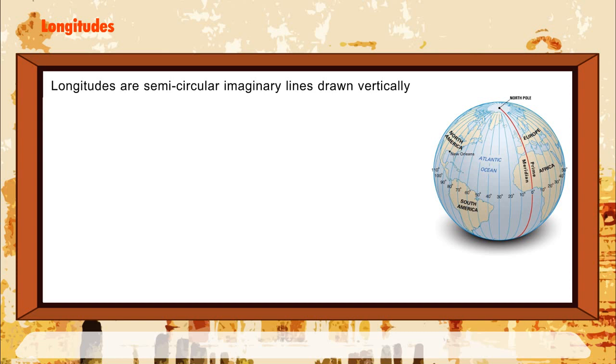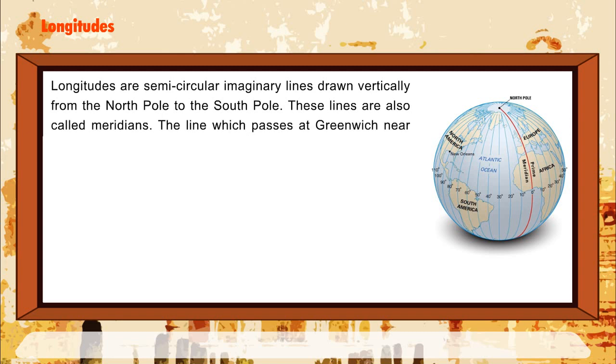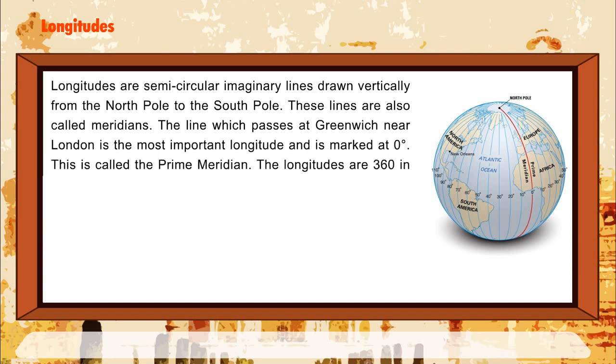Longitudes. Longitudes are semicircular imaginary lines drawn vertically from the North Pole to the South Pole. These lines are also called meridians. The line which passes at Greenwich near London is the most important longitude and is marked at 0 degrees. This is called the prime meridian. The longitudes are 360 in number.